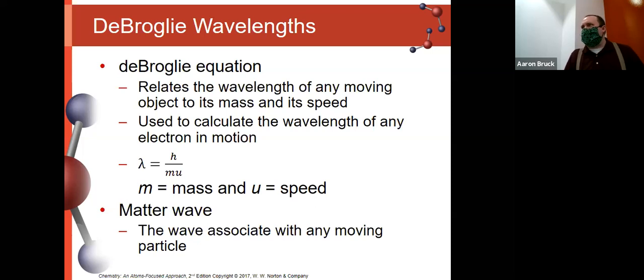We consider that negligible. But if I have something that is small, like an electron, where it has a relatively low mass and travels at a relatively robust rate of speed, this wavelength suddenly isn't all that insignificant. In fact, this wavelength that is resonated by the electron as it moves is relatively close to the size of the atom.